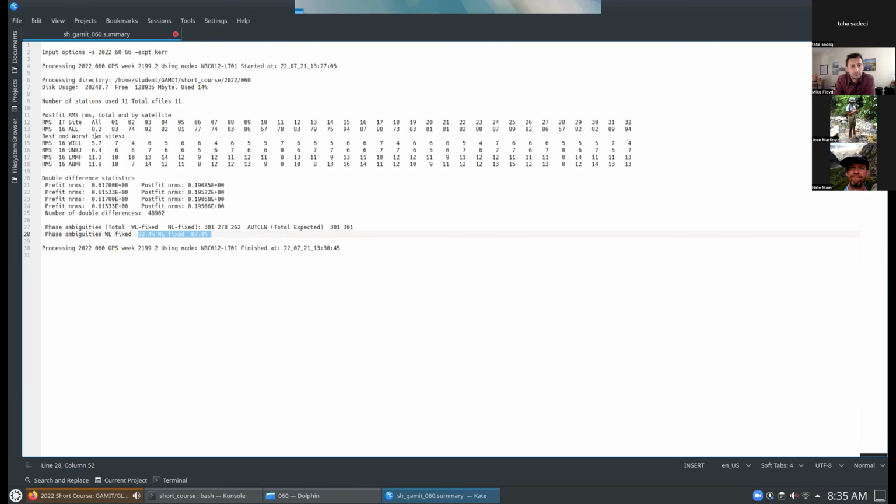Let's get a post-fit RMS of 2. Yeah, you're breaking up a little bit, your voice. I don't know if that's me or you. So you say a post-fit RMS of about 2? Yeah, the 4 lines there under double difference statistics, lines 21 to 24. Those values are for the 4 different solutions that Gamut produces.